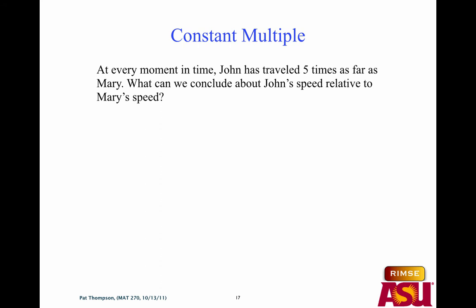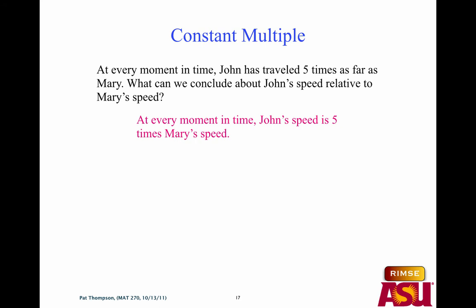Pause the video, take a second to think about it. And now that you've thought about it, let's talk about it. Hopefully the conclusion you arrived at is that at every moment in time, John's speed is 5 times Mary's speed.